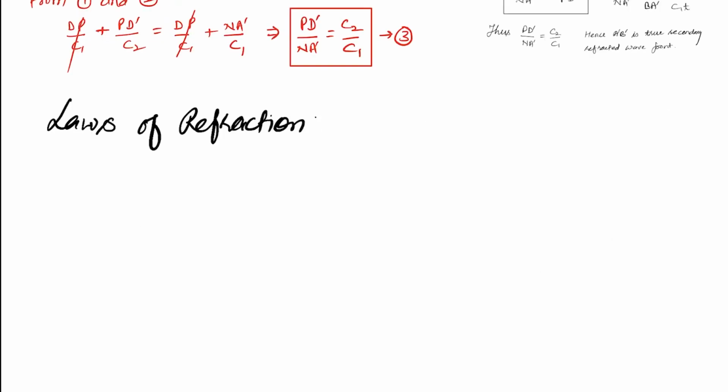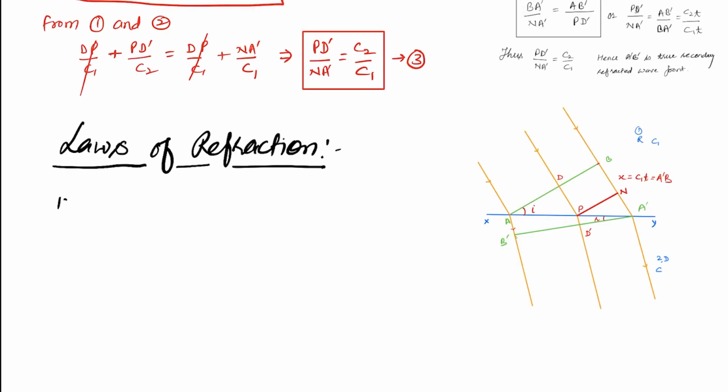Now, let us look at the laws of refraction. The first one: in triangle A dash B, sine I is equal to BA dash divided by AA dash, which is equal to C1T divided by AA dash.